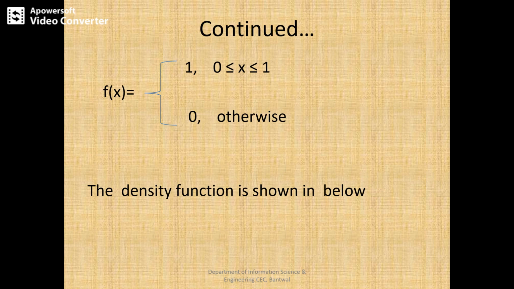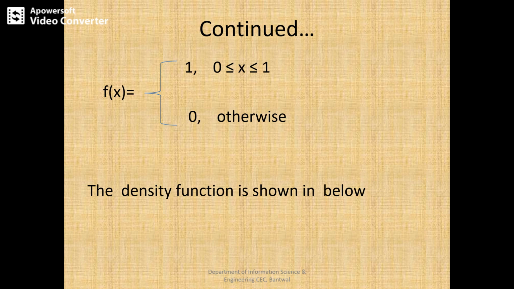f of x equal to 1, where x lies between 0 and 1, so less than or equal to 1 and greater than or equal to 0, and 0 otherwise.